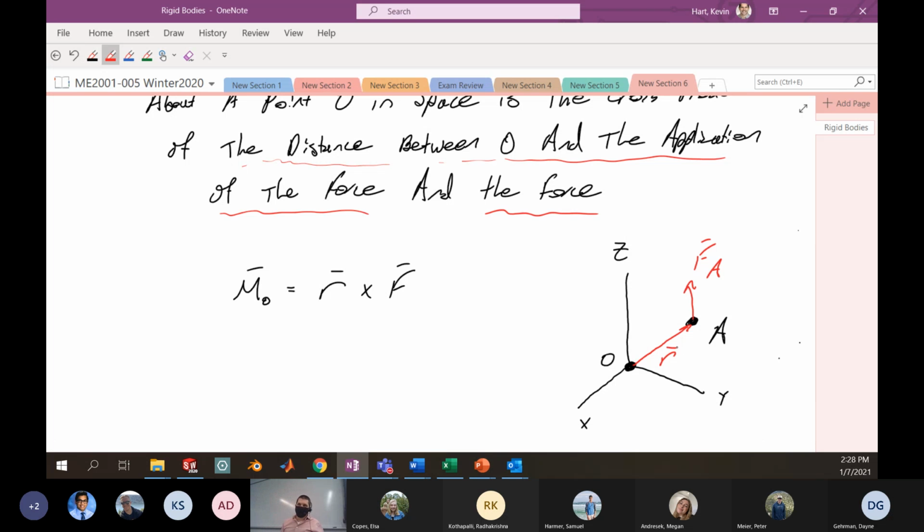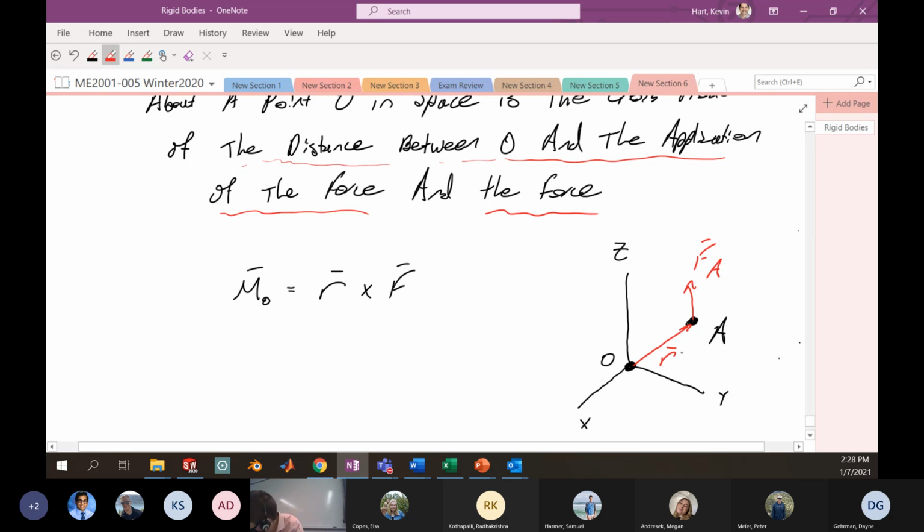Now, I like to be very specific with my position vectors, and I like to give the position vector some sort of subscript so that you know exactly what the position vector is defining. And the way that I like to do that is I like to say the position vector arriving at blank from blank.